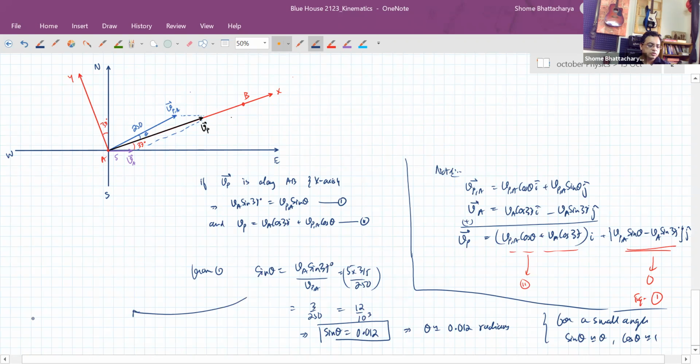So the velocity of the plane with respect to air should be directed at a very small angle north of the line AB.